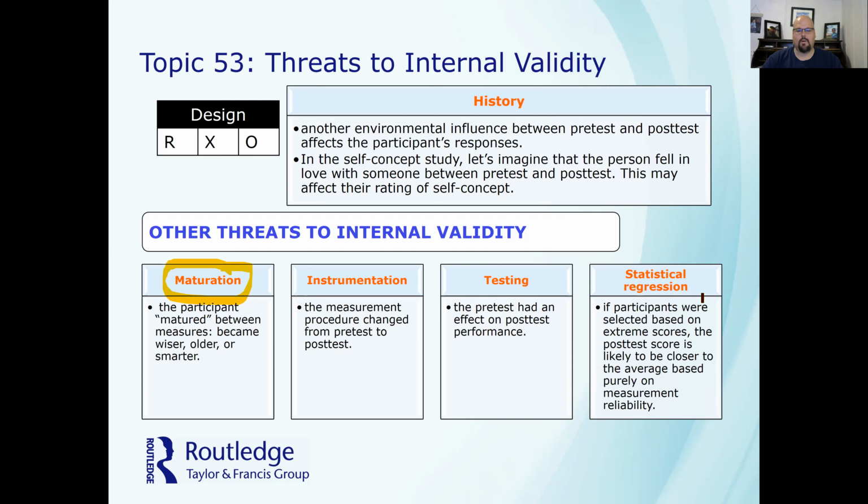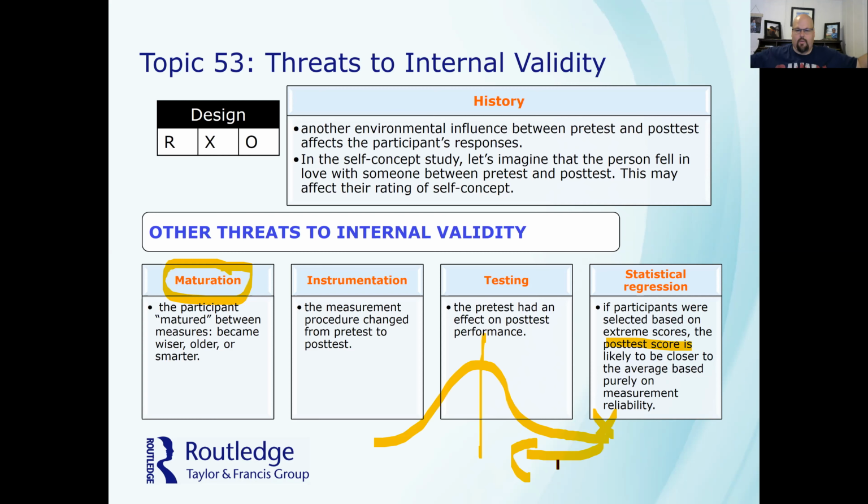And then statistical regression. If participants were selected based on extreme scores, the post-test score is likely to be closer to the average based purely on measurement reliability. People tend to regress towards the mean, right? If you think of a normal curve here and the mean is here, if you have people in the outliers on one measure, they tend to move towards the middle the next time.